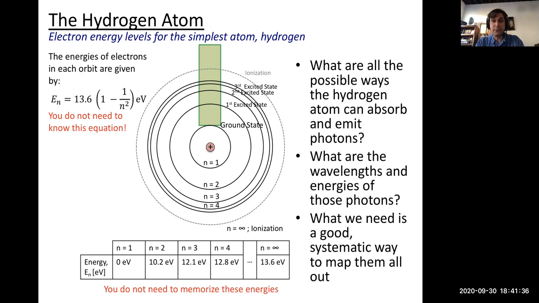You could go from the fourth to the first, the fourth to the second, the eighth to the third, or the first, the ground state, to ionized. So that would be absorbing a photon that has an energy of 13.6 electron volts, the minimum energy to ionize. You can go from first excited state to ionized.